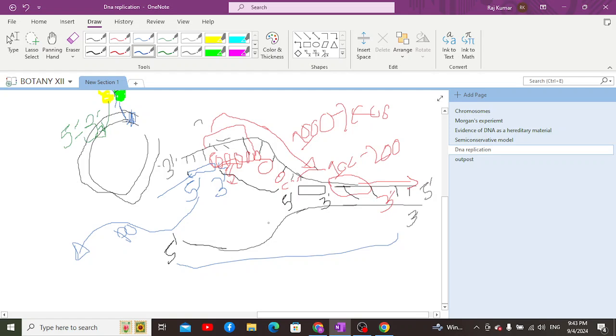So the primer would be required to be created from 5 prime to 3 prime direction, due to which we are going to add primer at this end rather than from the 5 prime to 3 prime strand.